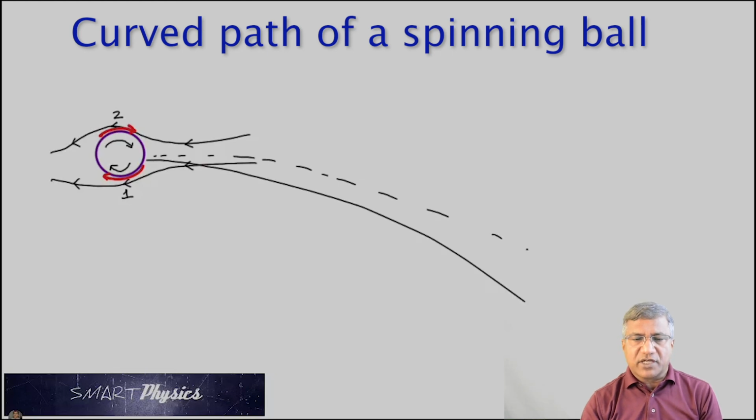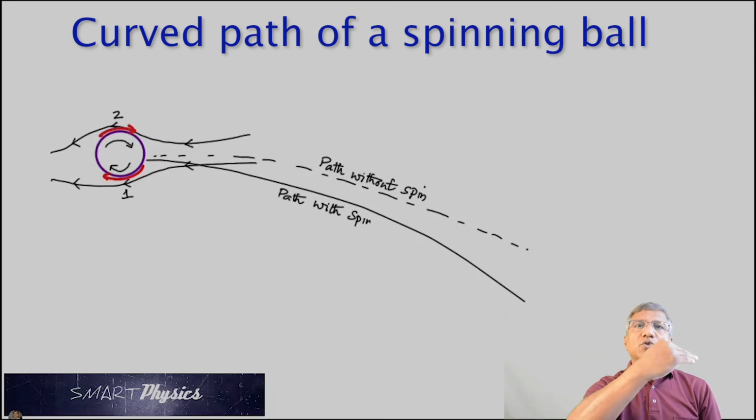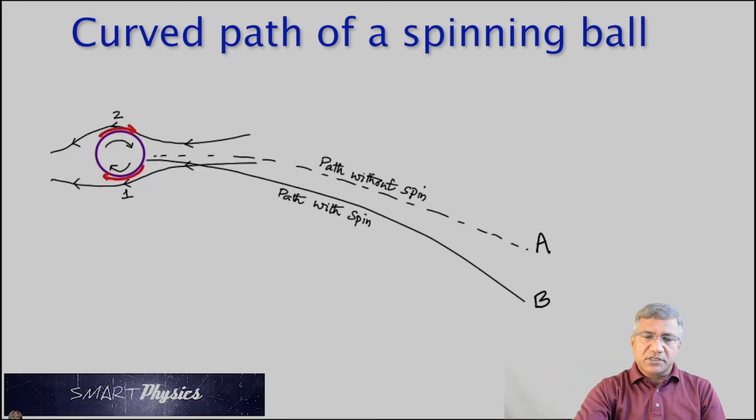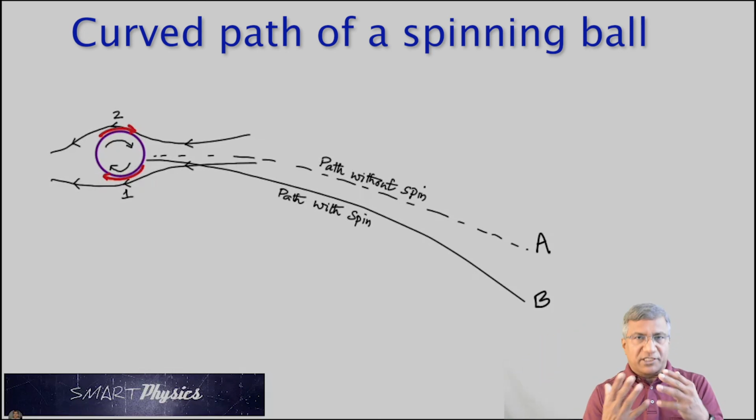So when you look at this diagram carefully, you understand that the flow of air on top is in opposite directions. Due to the forward motion, air is flowing backwards, while the spin motion is flowing opposite. But below the ball, both the forward motion and the spin take the air in the same direction.